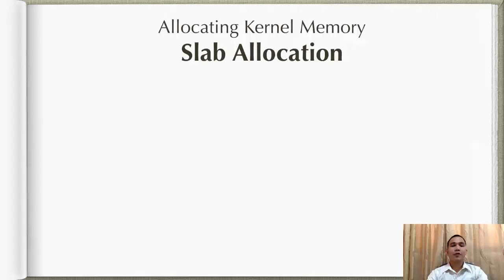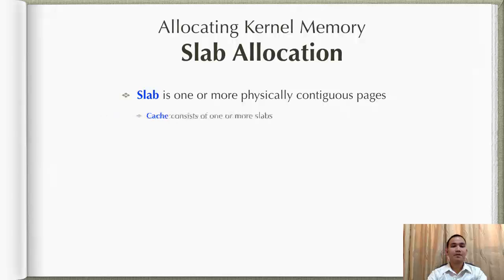Our next strategy for allocating kernel memory is slab allocation. A slab is one or more physically contiguous pages. It has a cache that consists of one or more slabs. The cache representing semaphores stores instances of semaphore objects.